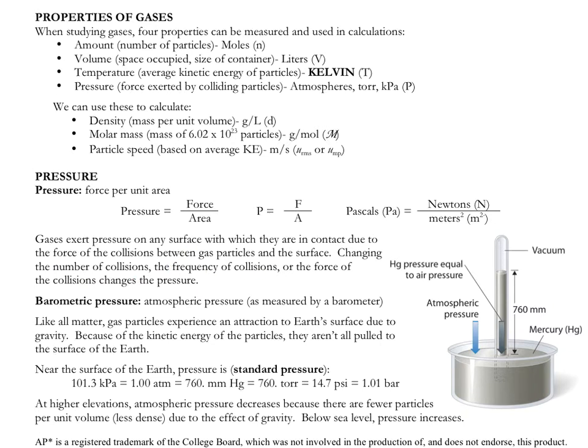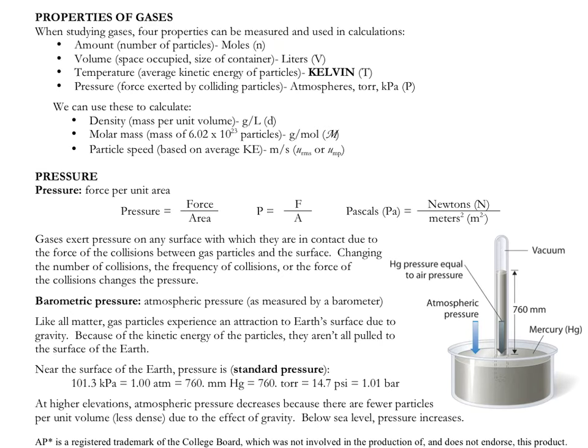I have to change the frequency with which they collide, making it happen more or less often by getting the particles moving faster or slower. I have to change the force of those collisions. Are they bouncing off the container harder or softer? The other way I can change the number and frequency of collisions, keep the gas doing the same thing, but put it in a smaller container.